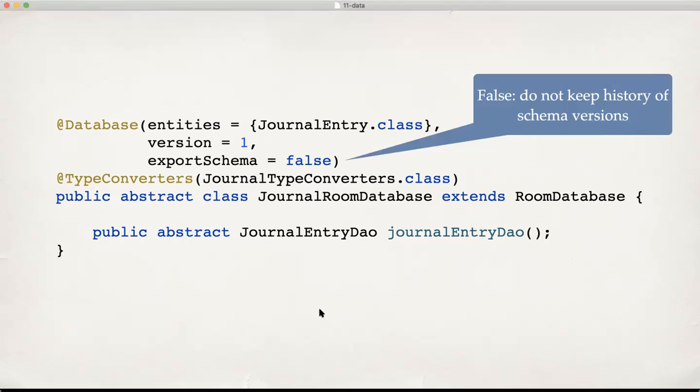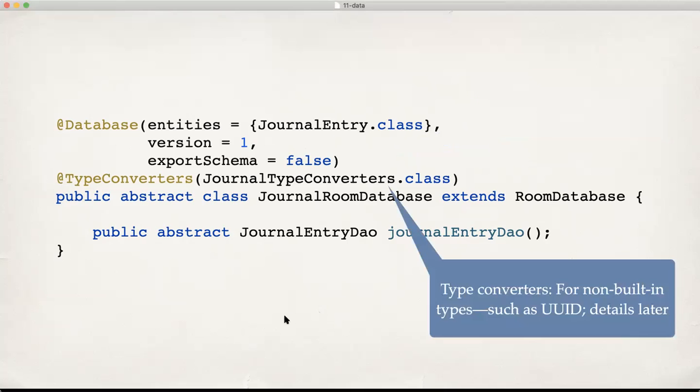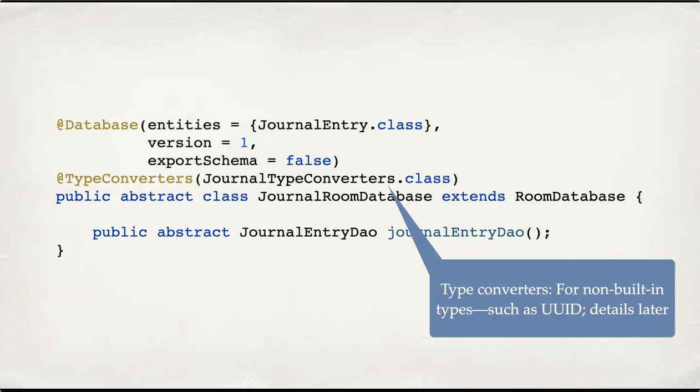The next annotation here is type converters. So the thing is, with the entities, built-in types like the primitives and String, the Room library basically knows how to translate those to appropriate SQL fields, but it does not know what to do with the other types.